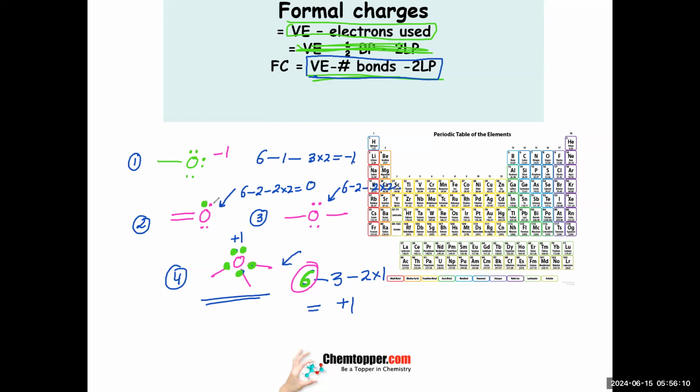Oxygen electrons 1, 2, 3, 4, 5, 6. So out of 6, we have used 6. That's why the formal charge is 0. And when the formal charge is 0, that's a happy situation for the element. So this is how oxygen can be seen. Any element can be there, it can be any element.